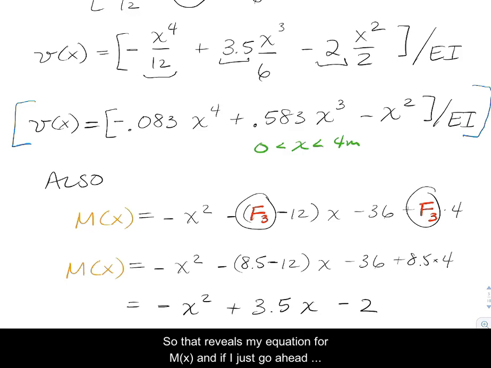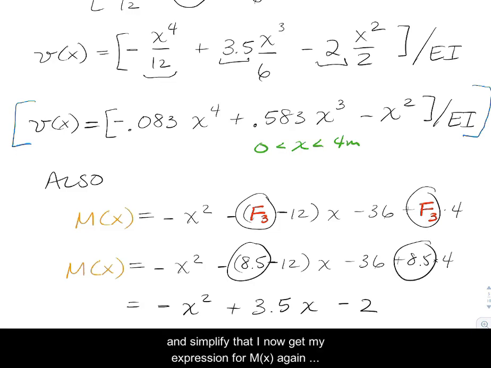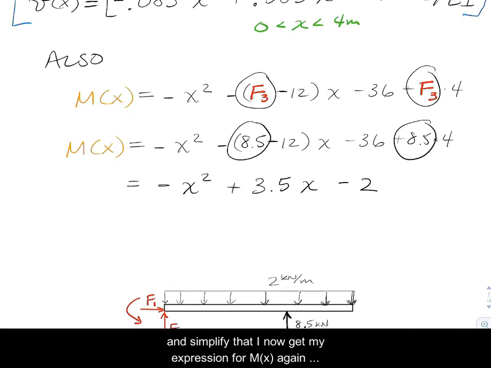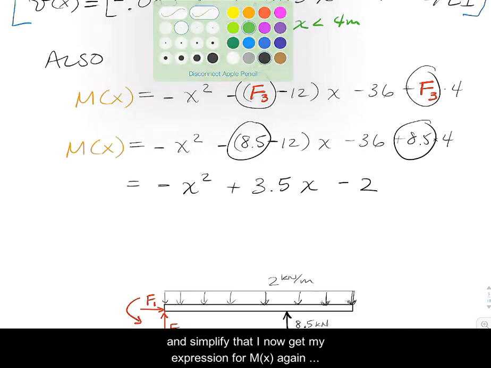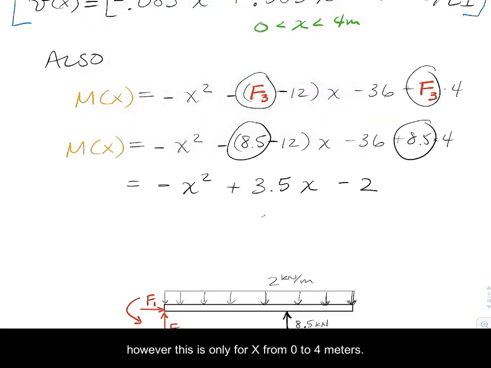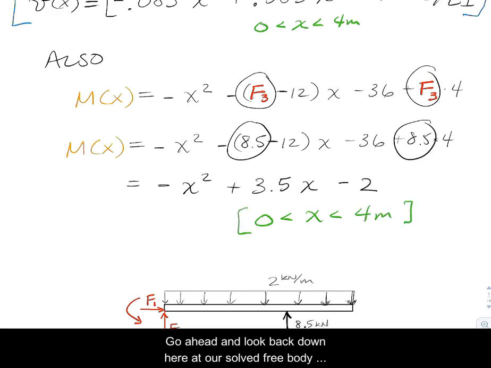So that reveals my equation for m of x. And if I simplify that, I now get my expression for m of x. Again, however, this is only for x from 0 to 4 meters.